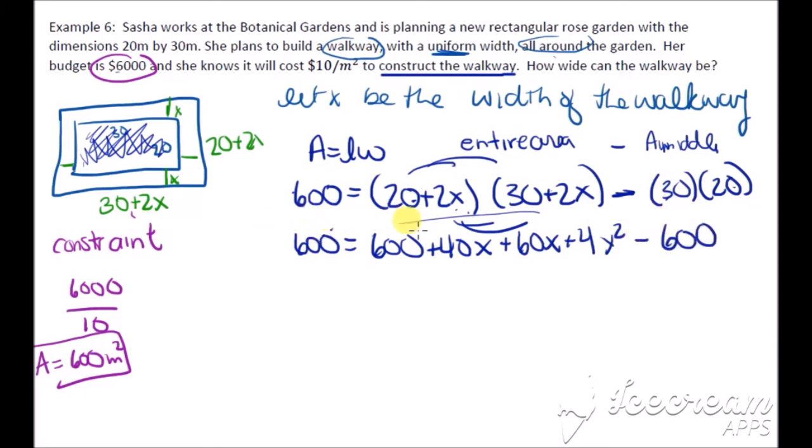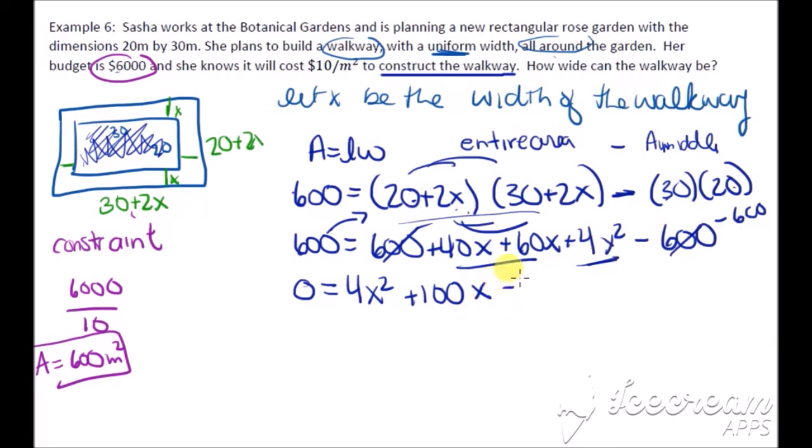Okay, so let's bring this 600 over. We get negative 600 again. And now let's simplify and put in order. So we put the 4x squared first. We put plus 100x. 600 minus 600 go away, and we're left with negative 600.